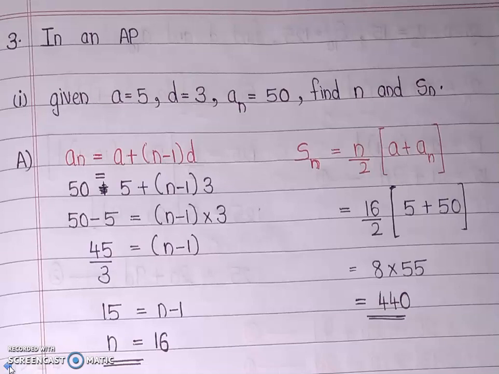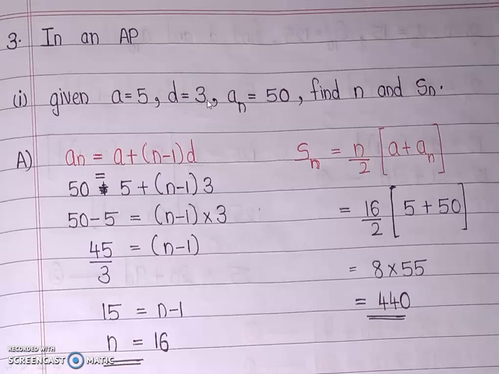Given a equal to 5, d equal to 3, an equal to 50. Find n and Sn. Here what are the data given? A equal to 5, d equal to 3, an equal to 50. What is your first question? To find n. So here 4 quantities are given.